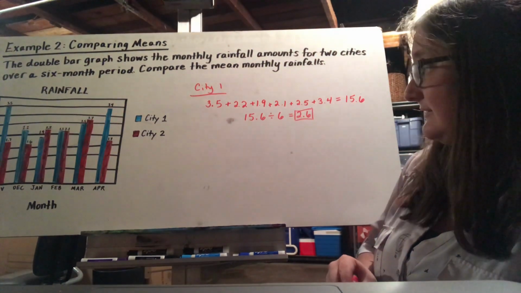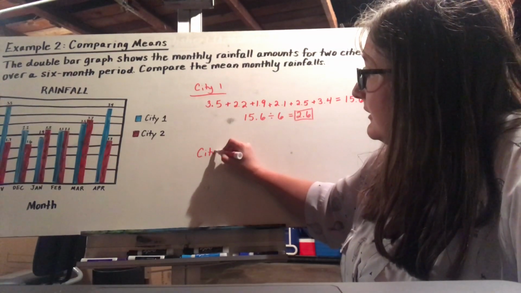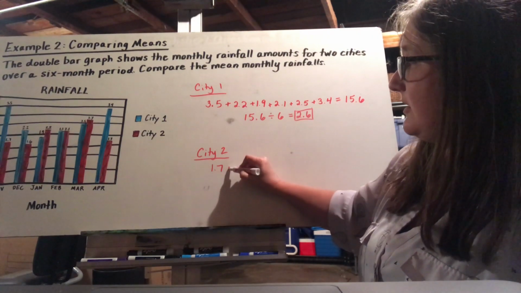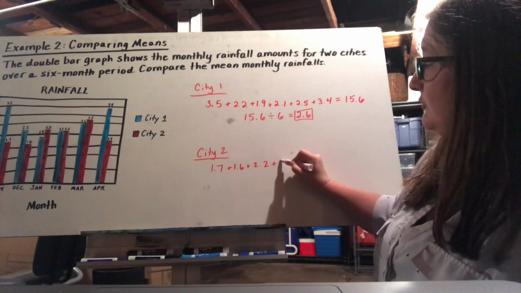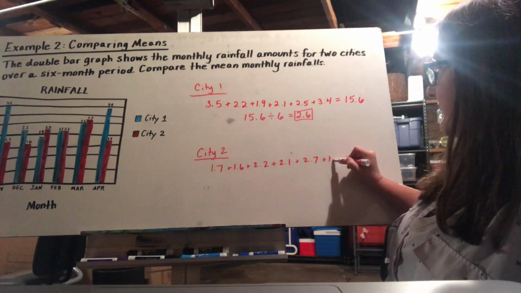Let's compare that to city number 2. So city 2's numbers were 1.7, 1.6, 2.2, 2.1, 2.7, and 1.7.